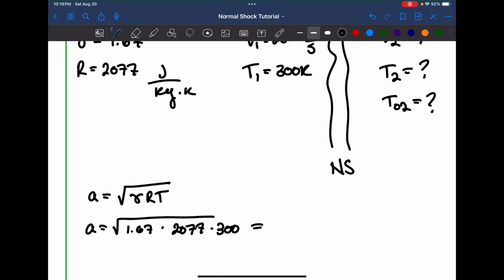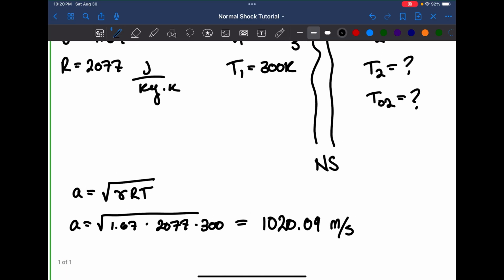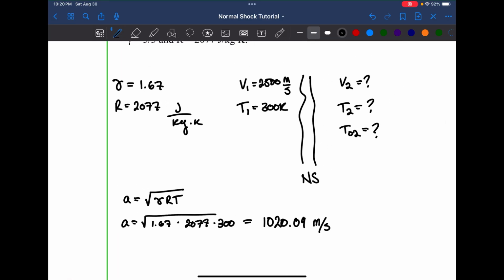That will give us, let me see what that is. So we've got 1.67 times 2077 times 300, and we'll square root that. That gives us about 1020, call it 1020.09. Okay, so now we've got the velocity of our actual gas compared to the speed of sound.